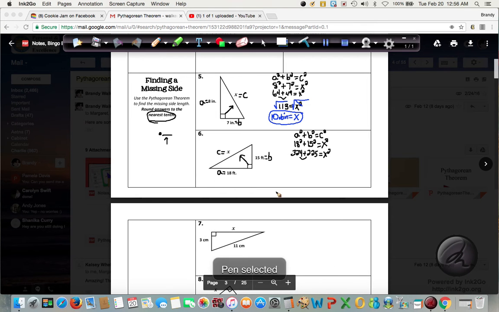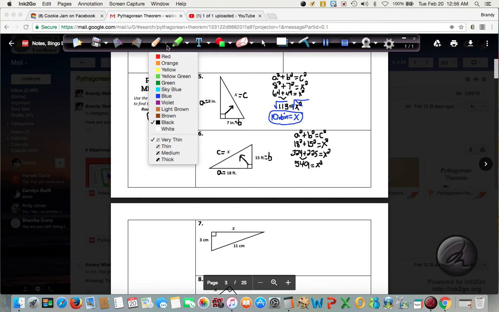So we'll write that down here. And that equals x squared. You cannot do the square root step until you have one number equaling x squared. It won't work any other way. So you've got to make sure you have a number equals x squared.